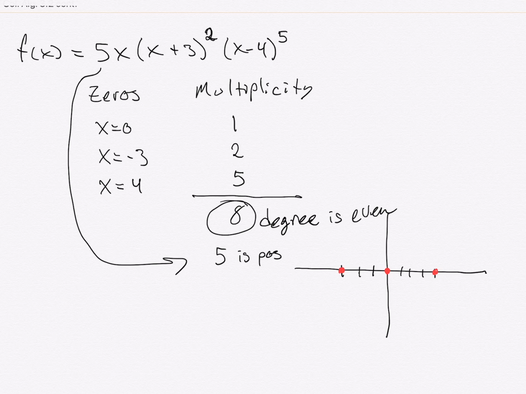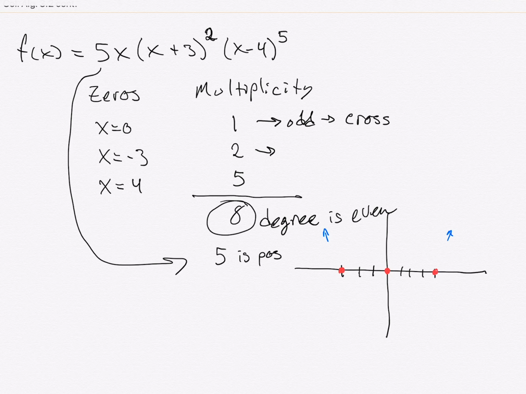With an even degree exponent with a positive leading coefficient, if you look back in your notes at end behavior, you will see that that means this thing is going to be rising left and rising right. The multiplicity of this 0 up here is odd, which means that our graph is going to cross the x-axis at that 0, or at that x-intercept.